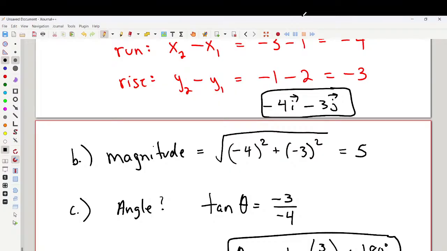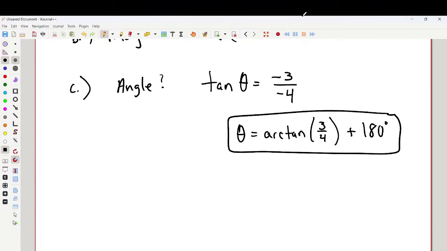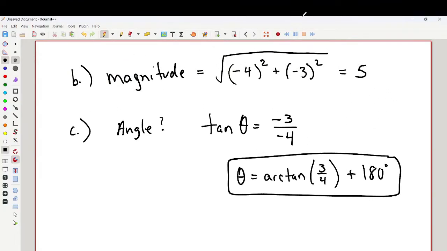What is its IJ form? What is the magnitude of that vector? And what's the angle? I'm definitely going to ask a question that's not in quadrant 1 or 4, most likely. It's worth 3 points, and you get 2 if you write arctan 3/4, but you lose a point if you don't add 180. In the homework, don't waste time plugging it into the calculator when you already found the final answer.